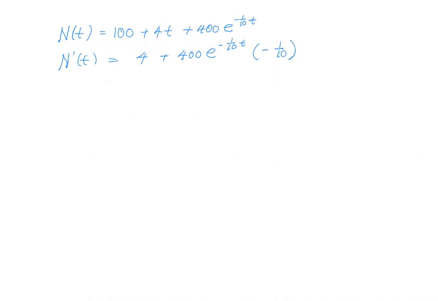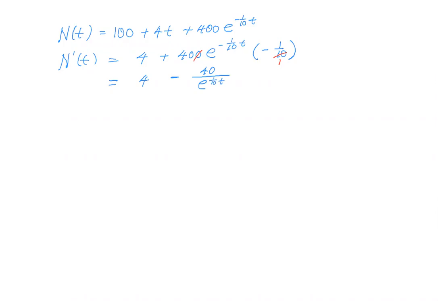Simplify. So it's 4, take away 40 over e to the power of 1 over 10t. So try not to have a negative power.